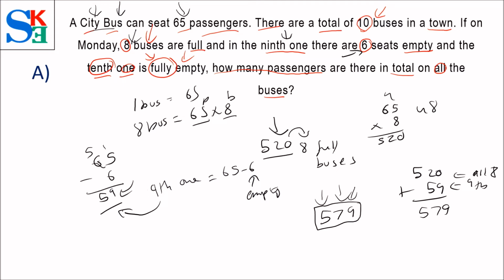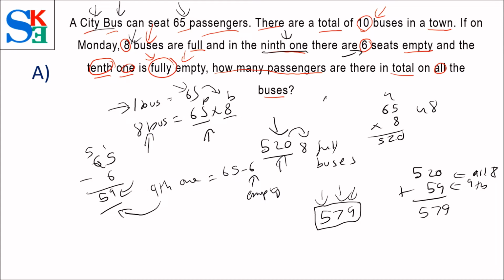So that is our answer. I'm just going to round it all up right now. What I did: I got the information that one bus is 65 passengers. If I want to work out how many passengers there are on 8 full buses, all I need to do is 65 multiplied by 8. That means the passengers of one bus multiplied by 8. Then I got the answer 520. Now it's saying that on the 9th one, there are 6 seats empty.